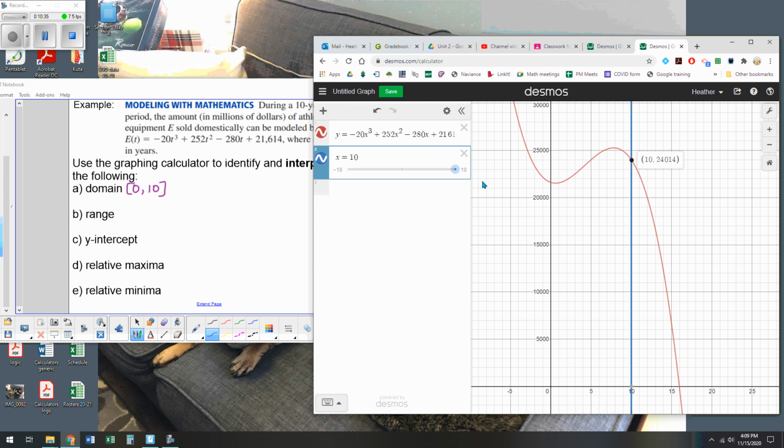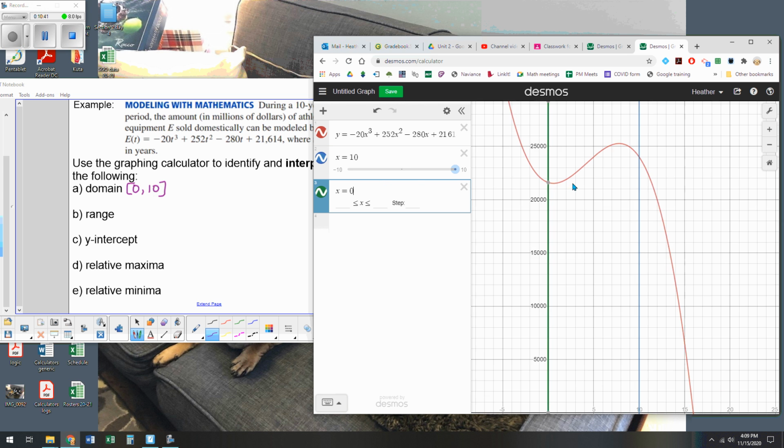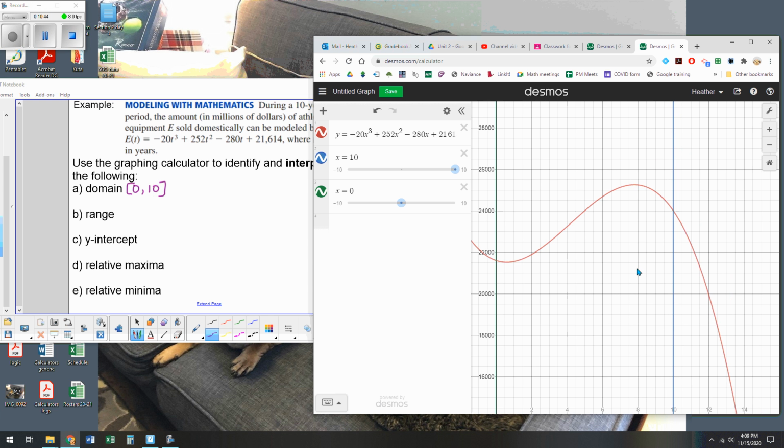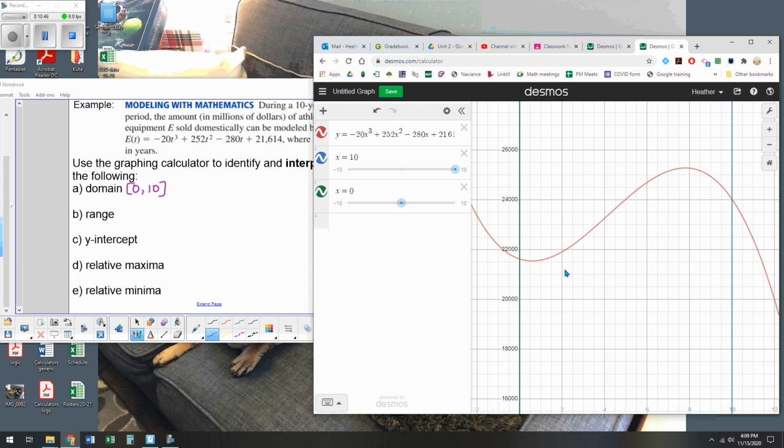I only care about the graph from x equals 0 to x equals 10. I only care about it between these two numbers. Okay? So we have our point there, point there, point there, point there. All right, so we have all the points we need.